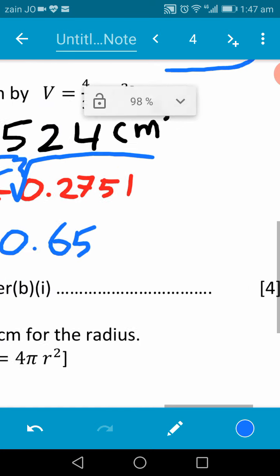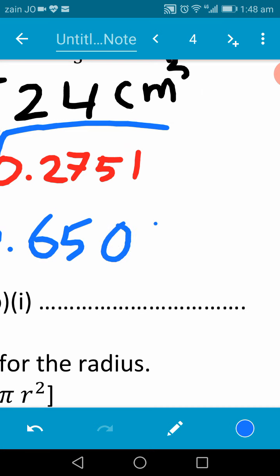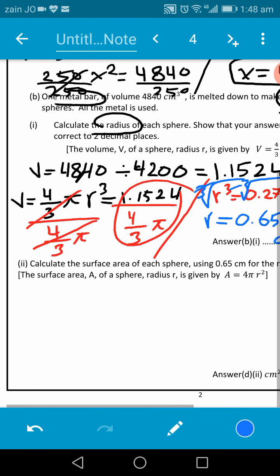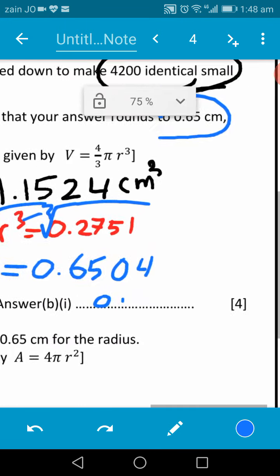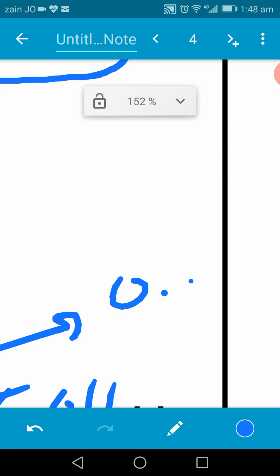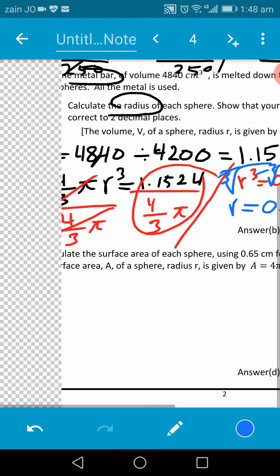So give the full answer, or at least 3-4 digits, 0.6504 for example, which is equal to 0.65. This is the answer you will write, 0.6504, which becomes 0.65. Okay, now the last part.